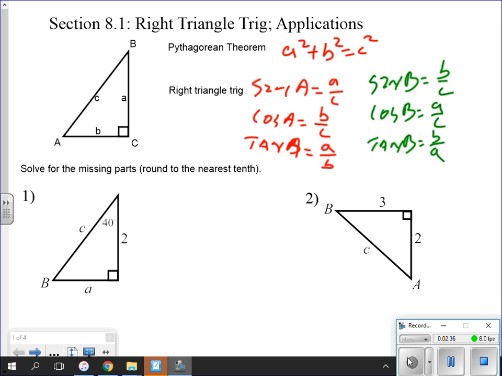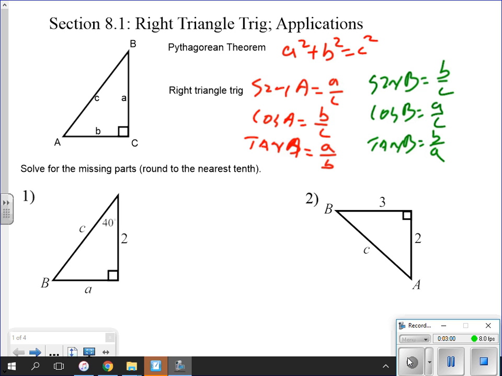If you know those things and you have a right triangle, which means you have a 90-degree angle, and you have one side and anything else, you can find all the rest of the parts. You have to have at least one side of the triangle.